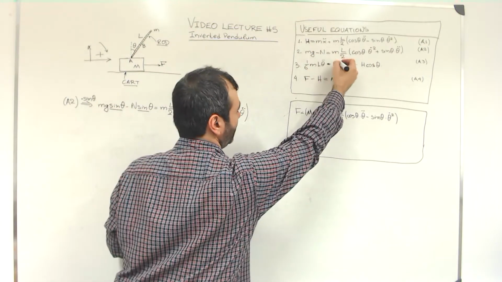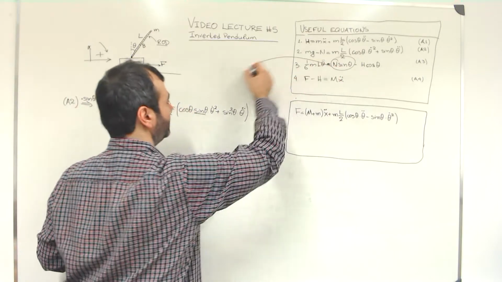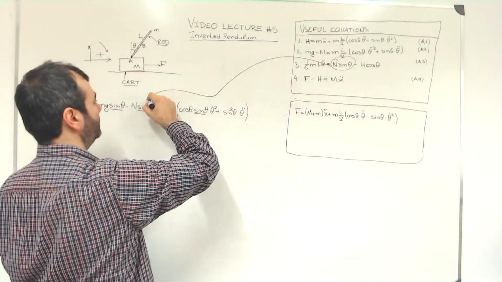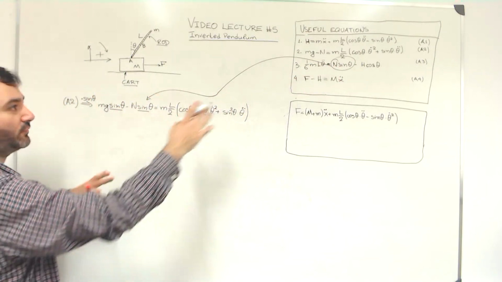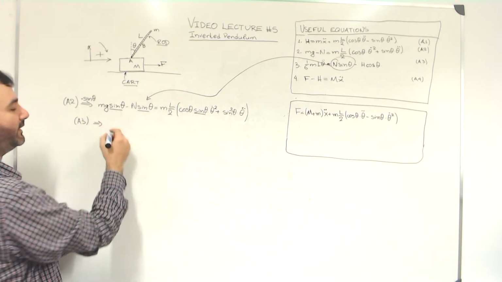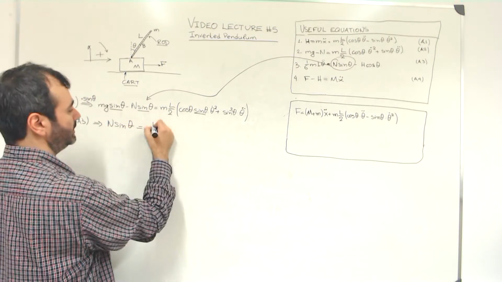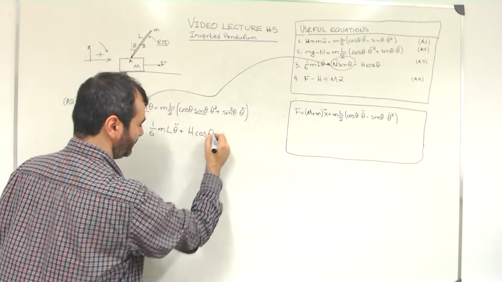And let's take n sine theta from a3 and plug it in here. So from a3, we have that n sine theta is... great.